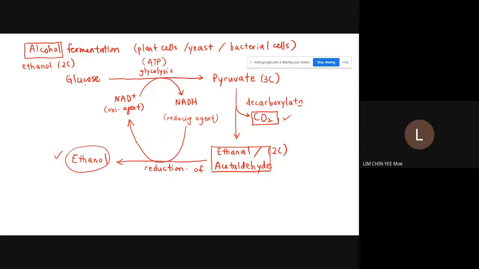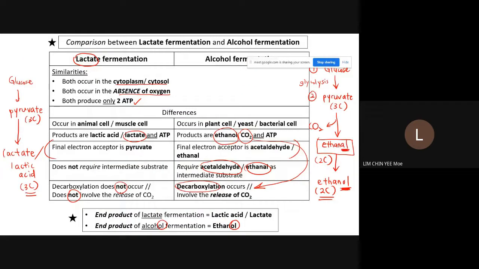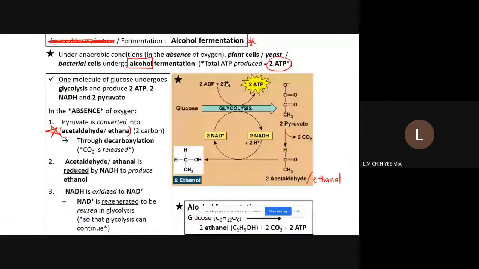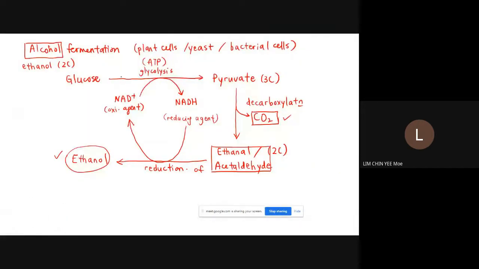Okay, so tadi Miss dah cakap semasa fermentation mesti ada dua processes. Early when we start, I cakap fermentation mesti melibatkan glycolysis untuk produce ATP as well as ada reduction. So kalau dah lepas glycolysis, dia akan sambung dengan reduction. And when you look at this one, mesti start dengan glucose. Sebab glycolysis kita mesti start with glucose.